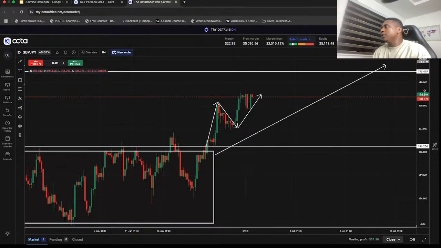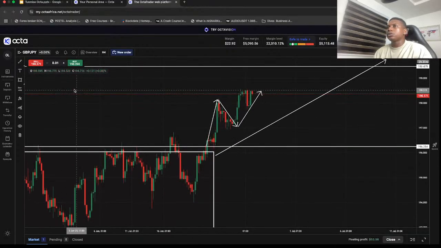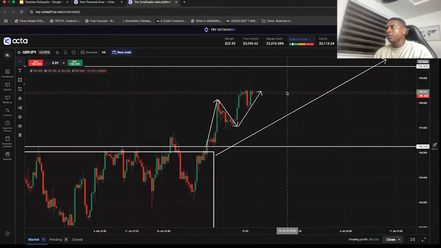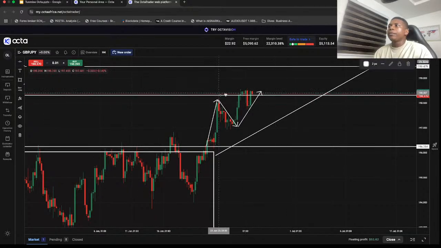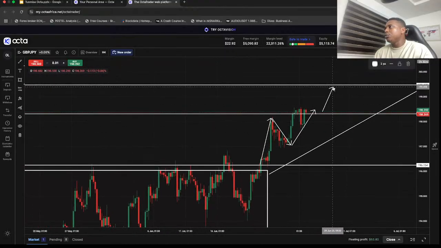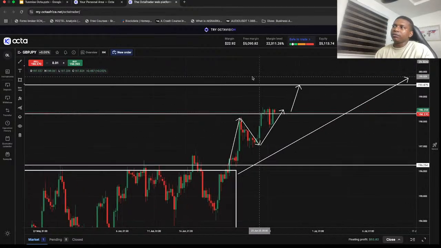From the outlook of things, price would be taking a flight from here. Okay, and the target level would be up at this level. This level would be our target level.